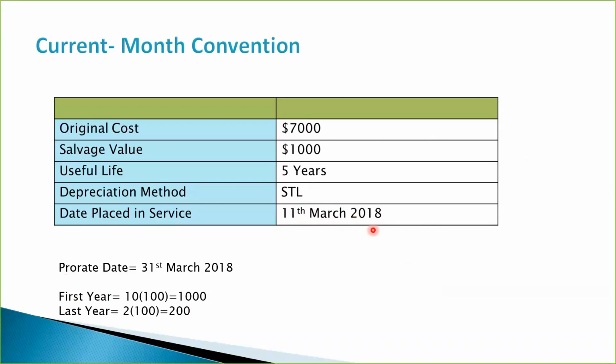So it will only calculate for January and February, right? Because that expense for those few days in March was also compensated at the beginning, because even though it was placed in service on 11th March, we calculated expense for the whole period of March, right? So that would be the calculation based on this current month convention.